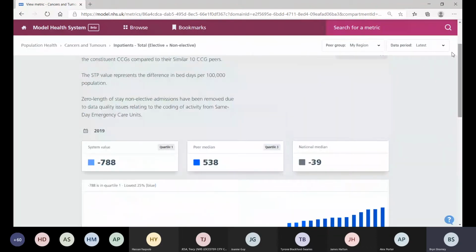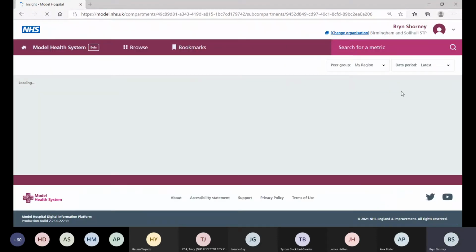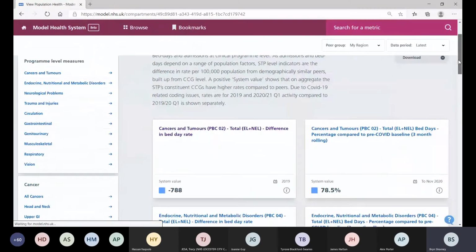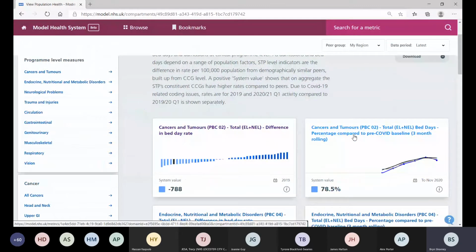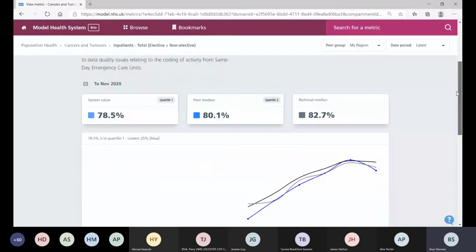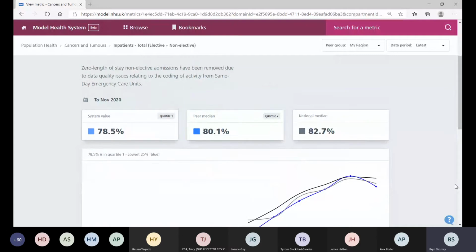I'll just flip back to the other indicator. Oh, sorry. And then, alongside that indicator, we have the COVID recovery indicator. This is showing the percentage of activity in the last 3 months compared to the same 3-month period in 2019.